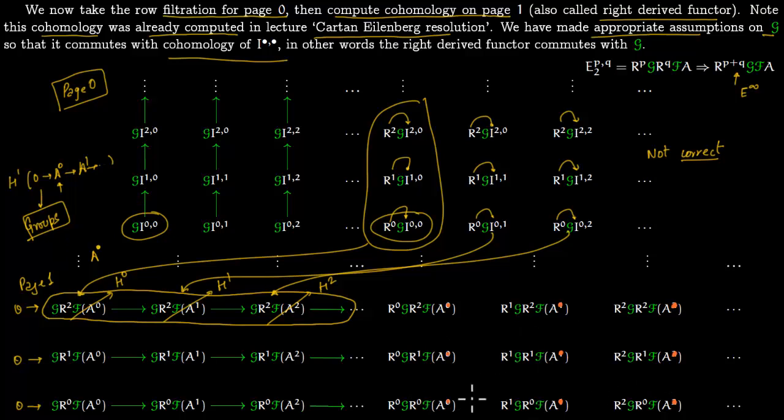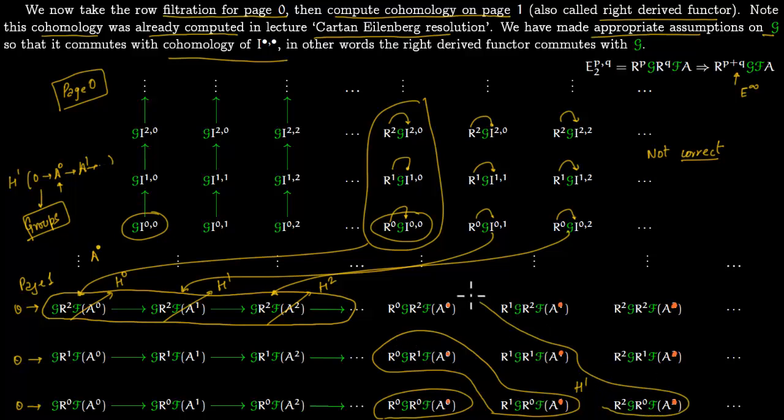So now this is our page 2. So at 0, 0 you have this. So again this is our H1, obviously, because 1 plus 0 is 1, 0 plus 1 is 1. This is our H2.